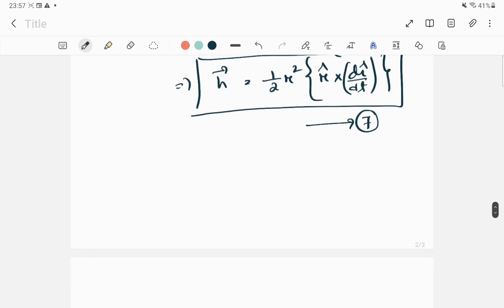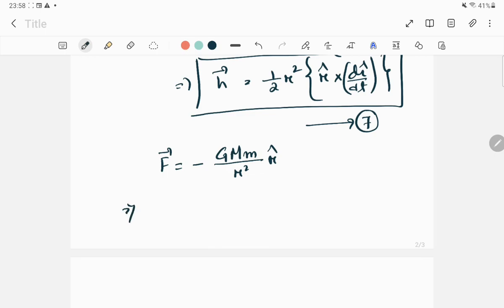Now if you remember our equation number 1 from the last derivation, we had F equal to minus capital G capital M small m by r square r cap.